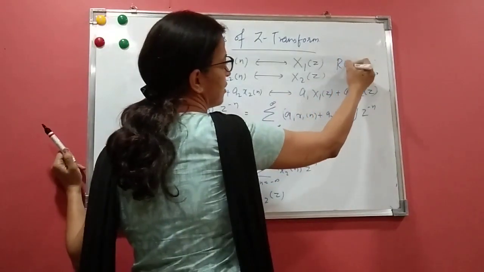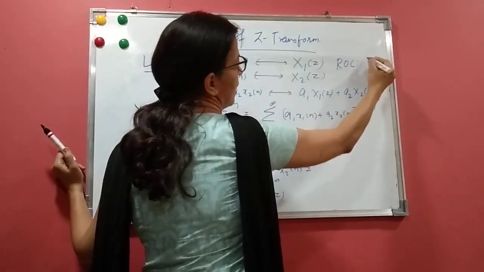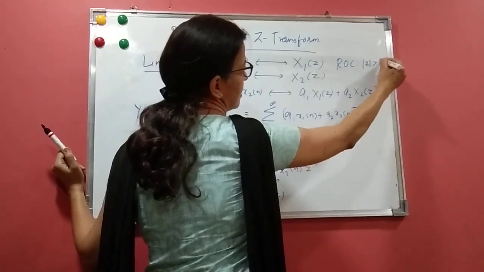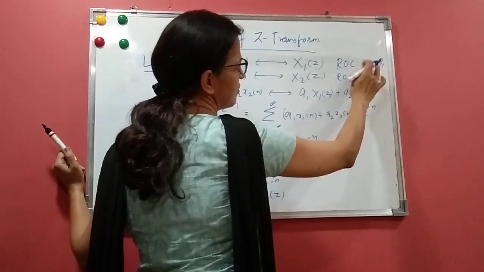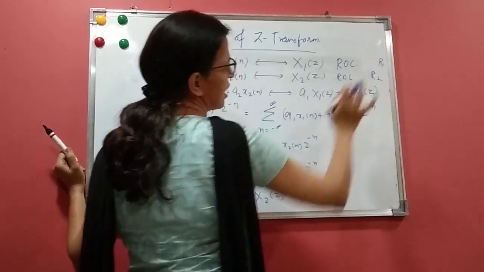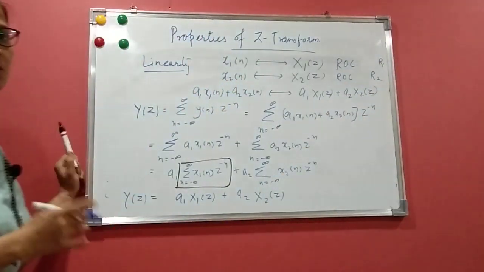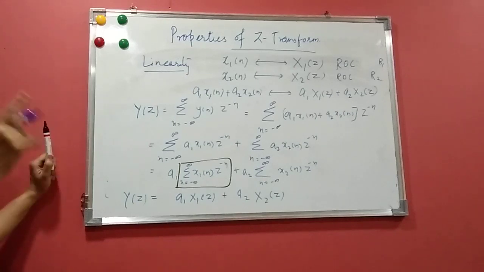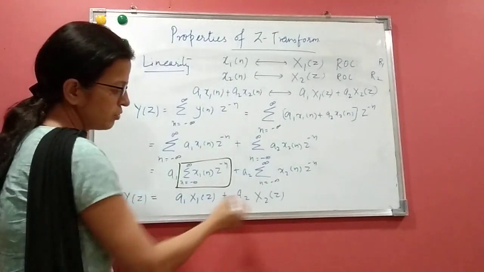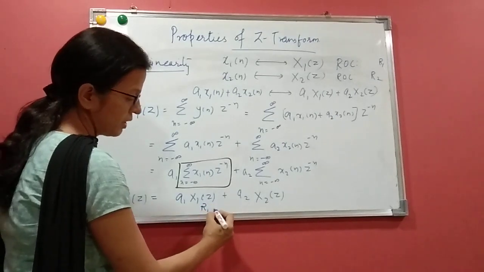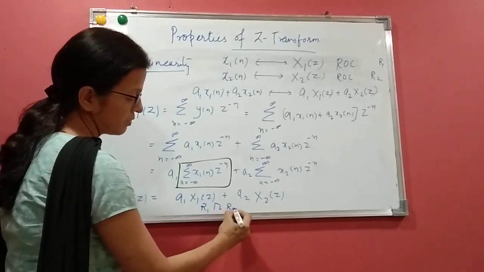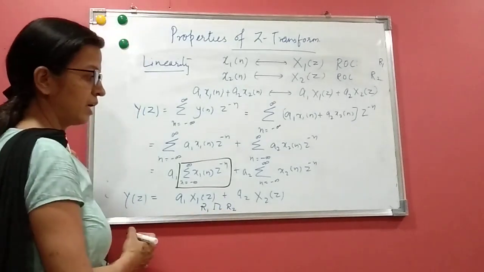Now let us look into the ROC. Suppose the ROC is mod z greater than R1, and for the other signal the ROC is R2. We will not say greater or less than, we will just say ROC is R1; it can be causal signal or anti-causal. So when it is the addition of two signals, the ROC will always be the common region of both, the intersection of R1 and R2.